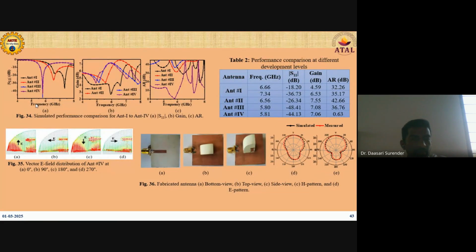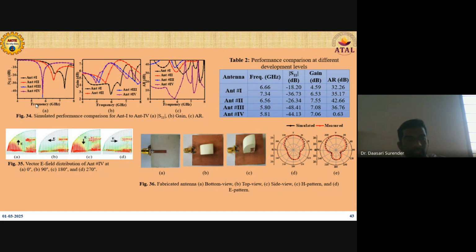Here, this is the performance at various design levels of the antenna. So at antenna 1, we can see clearly in table 2 that antenna 1, the antenna with the cylindrical dielectric resonator, is observed at 6.66 and 7.34 frequency.